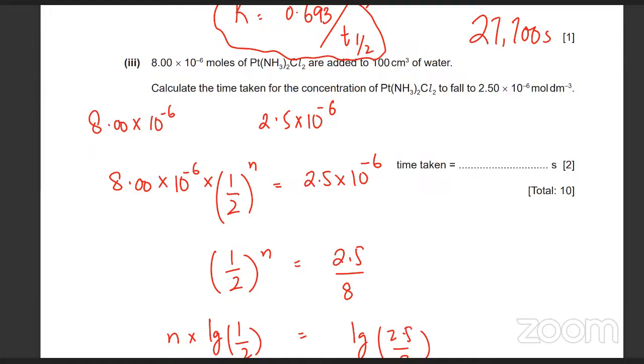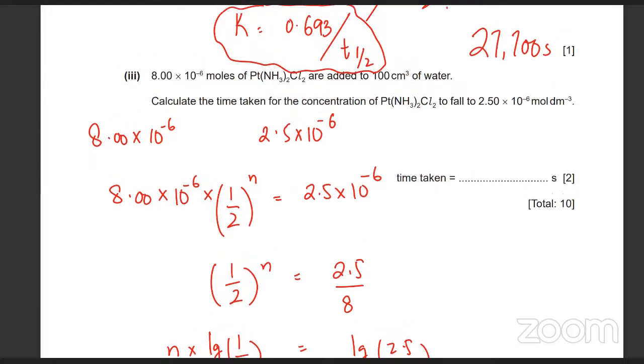Everything was fine except for one part, which is that 8 into 10⁻⁶ was moles. So you had to find the concentration in 100 cm3. So 8 into 10⁻⁶ was not the concentration. 2.5 into 10⁻⁶ mole per dm cube was the concentration. So we made this mistake.